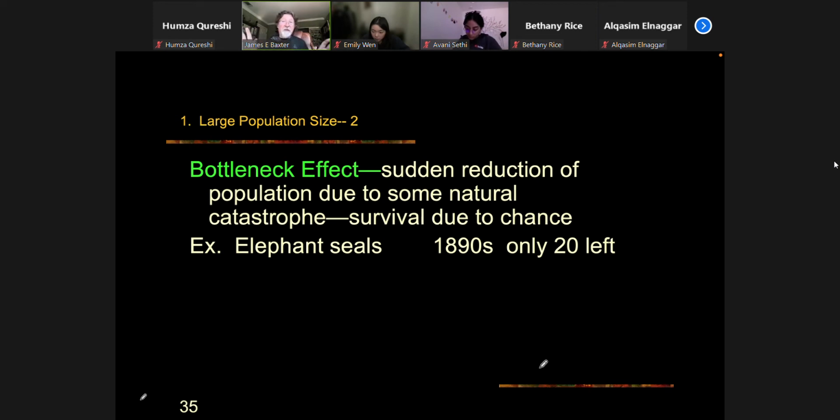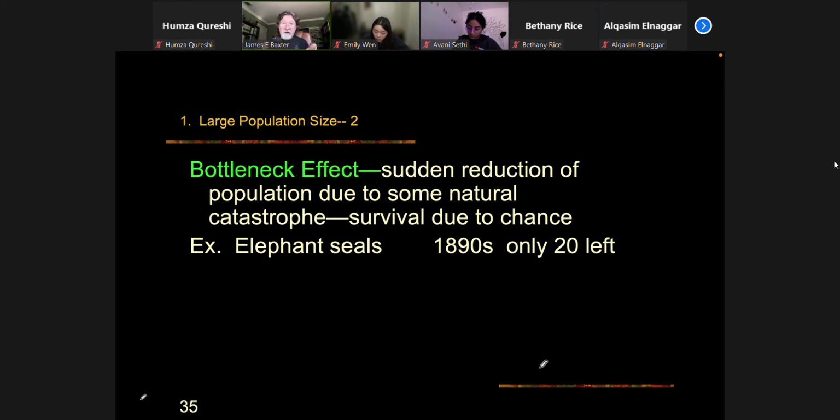These two populations don't mix because they don't cross the equator. The northern population stays along the coast of California and further north, whereas the southern population is way down around Chile. The southern population was not hunted like this. The northern population was, and so we only had 20 individuals.